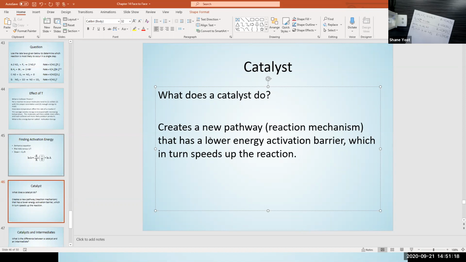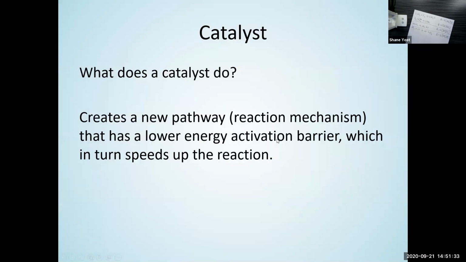Right, catalysts. We know catalysts speed up a chemical reaction. They catalyze a reaction, they speed it up. And how they do it is by providing an alternate pathway for the reaction to occur. That alternate pathway will have a lower activation barrier, and that's how it speeds up the reaction.